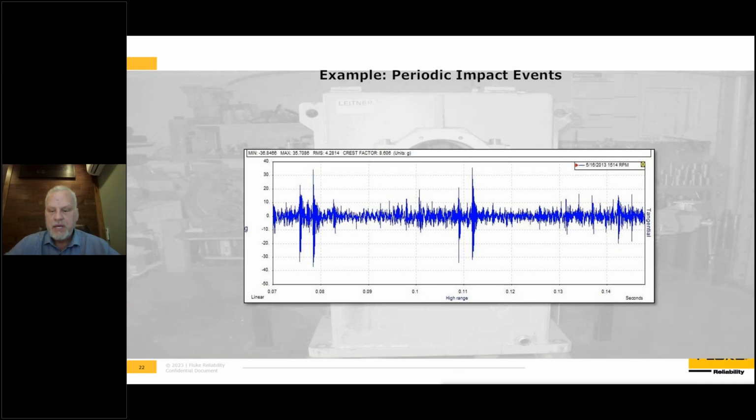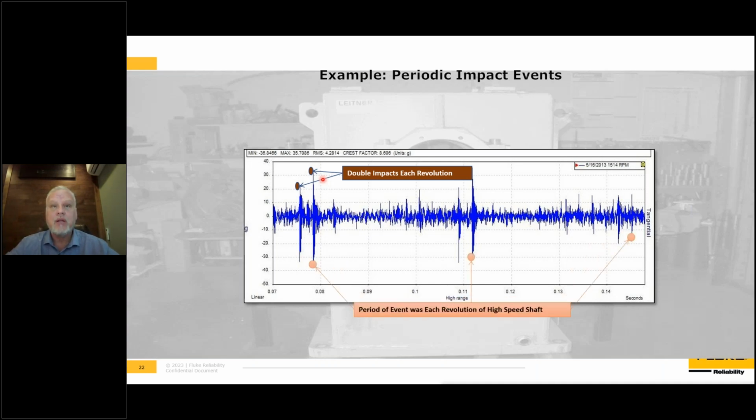As we zoom out, now I'm going to make the point of what we really want to know, which is we notice here, compared to the revolution on this machine, we get double impacts each revolution, and that was helpful as well. But the period of this event, in other words, how often it repeated itself, was one revolution of a high-speed shaft. This was a gearbox, and we were getting a set of impacts every revolution of that high-speed shaft. So that was the meaningful information that helped lead us to determine what the cause of the fault was.